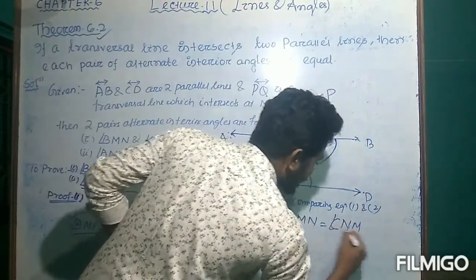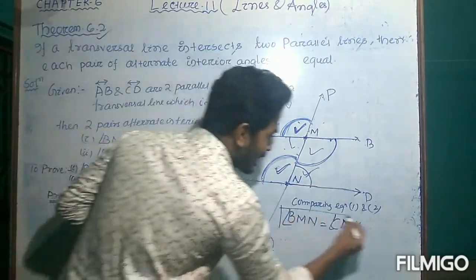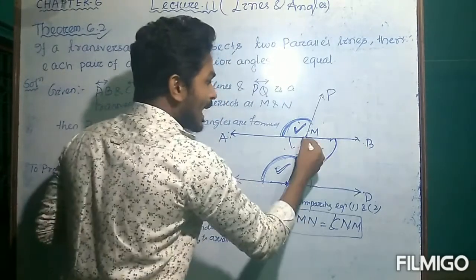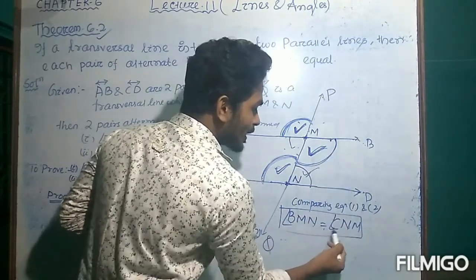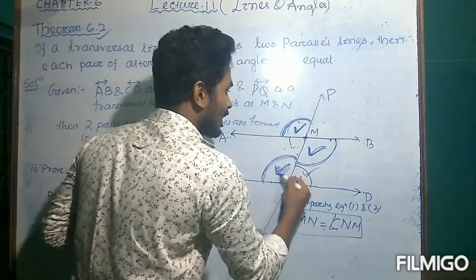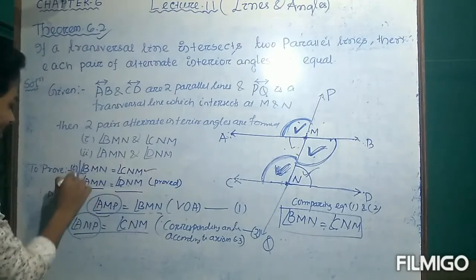This is the result that we find by comparing equation 1 and equation 2. Right? So we get the angle BMN, this angle, is equal to the angle CNM, this angle. And these two angles are alternate angles, and we needed to prove it here.